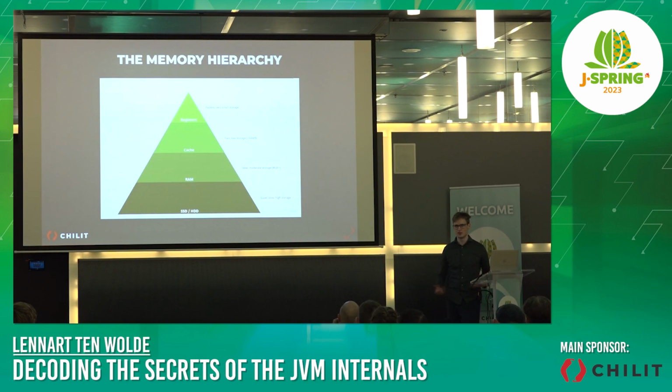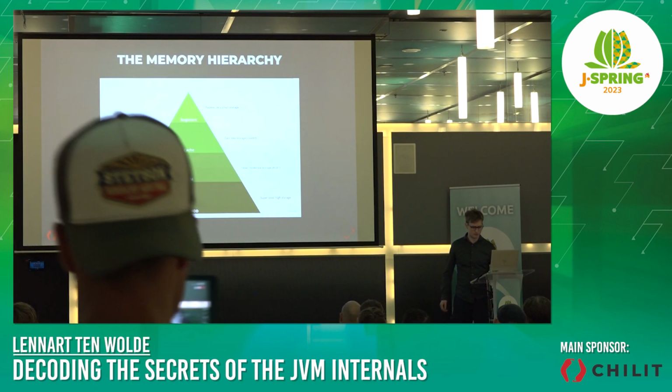And this is not something you interface with as a programmer. It's just something that the CPU does for you. And the cache essentially contains a small subset of your RAM that the CPU thinks you're about to use, so that if you query this data, it will be much faster. And now that you know there's these different layers, you can probably already tell there's plenty of opportunity for performance improvement.